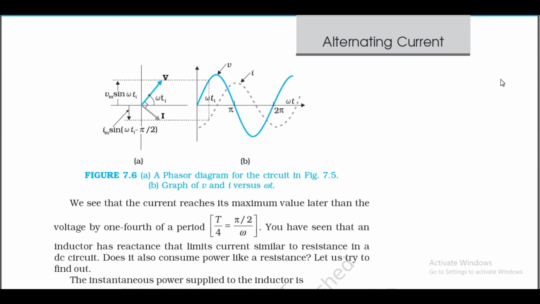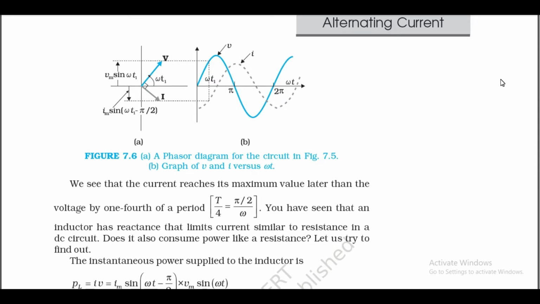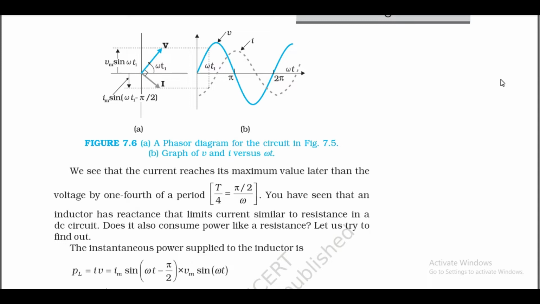Figure 7.6a, a phasor diagram for the circuit. Figure 7.6b, graph of v and i versus ωt. We see that the current reaches its maximum value later than the voltage by 1/4 of a period, T/4 = π/2ω.